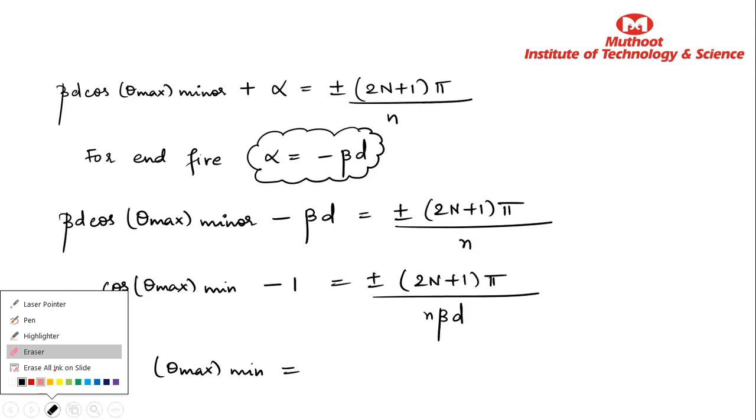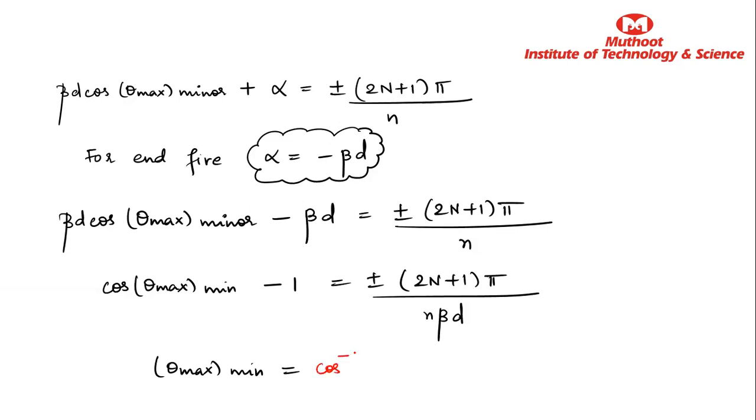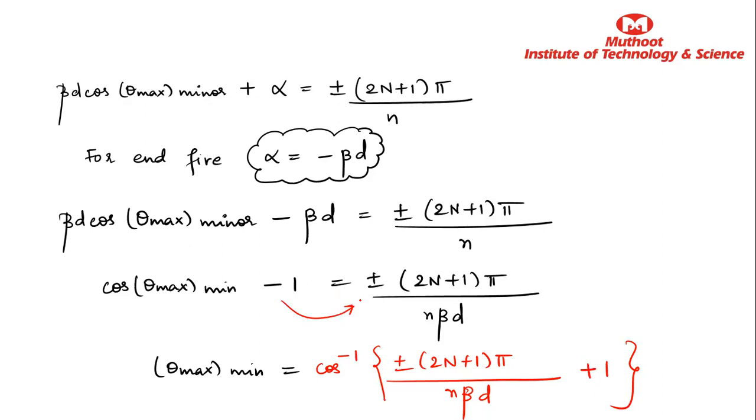I can write it as cos inverse of plus or minus 2N plus 1 pi upon n beta d plus 1, right? So I took that minus 1 to the other side. So this is the direction of the maximum radiation of the minor lobe.